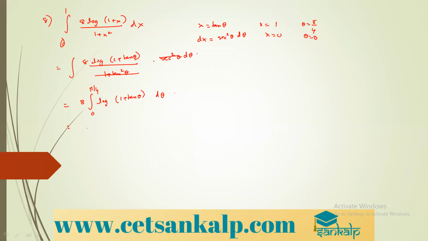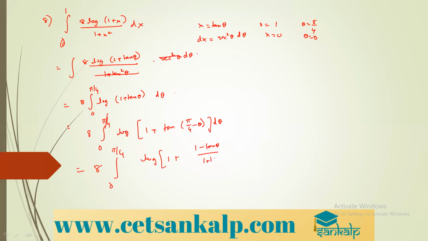According to one of the properties of integrals, you can write this as integral 0 to pi by 4 will be same, but you can write log of 1 plus tan of pi by 4 minus theta d theta. So that will be 8 integral 0 to pi by 4 log of 1 plus (1 minus tan theta by 1 plus tan theta) d theta.